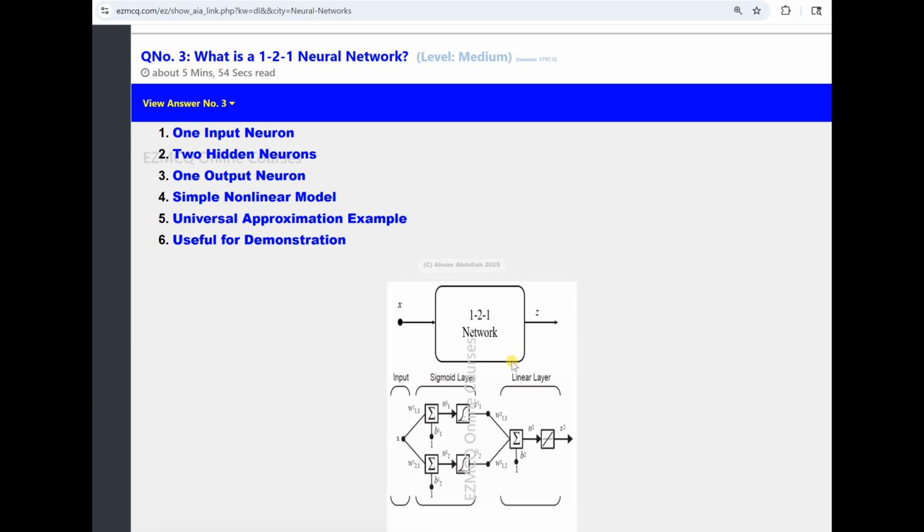So one single input neuron receives one feature or variable, maybe the height of a basketball player, or maybe the weight of a wrestler, and so on. This neuron simply passes the input value forward to the hidden layer, and acts as the entry point for data into the network without applying any transformation, because there's no transformation here.